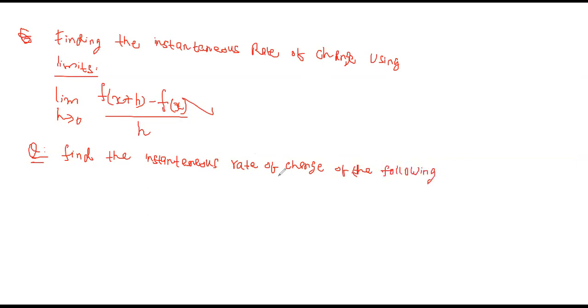The function is f of x is equal to x square minus 4 at x equal to 2.